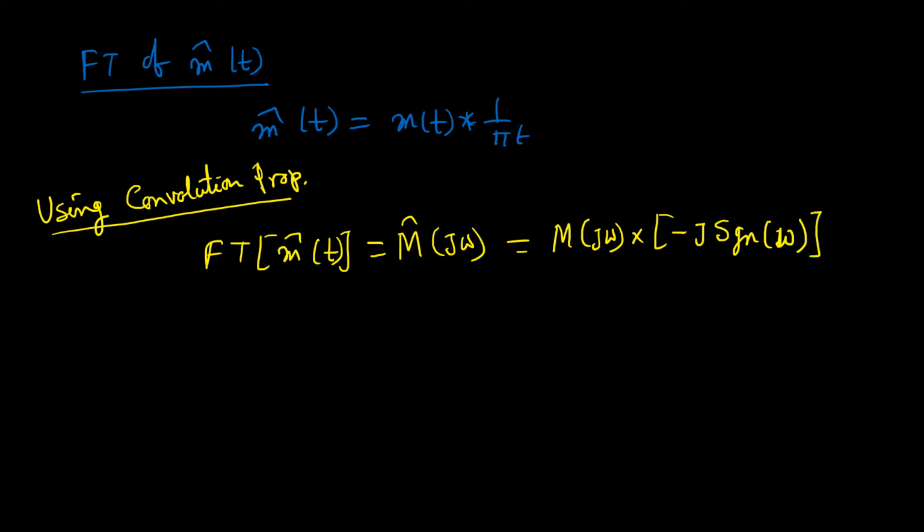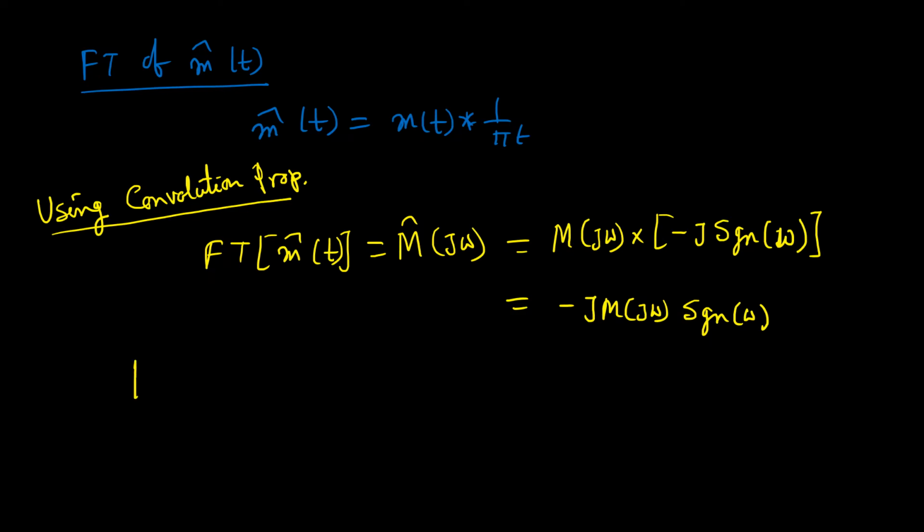Is it right? So this is the Fourier transform. Now we will try to understand this one. This is minus j M of j omega and signum of omega, right? So what are the magnitude and phase? These two we'll try to understand, magnitude spectrum and phase spectrum.